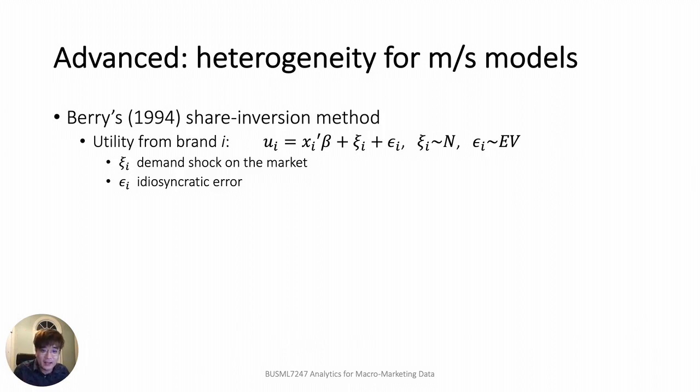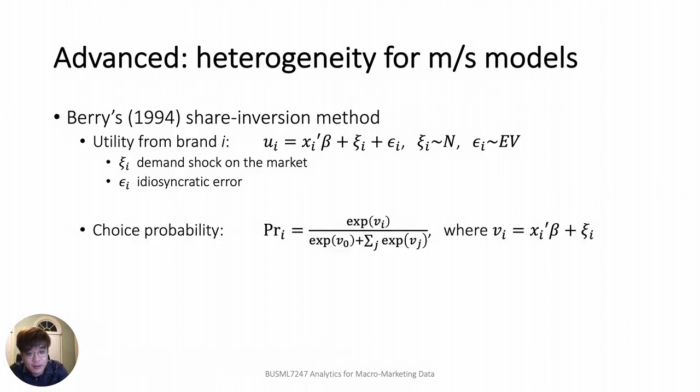Psi i denotes the demand shock, and epsilon i is the idiosyncratic error for the brand. Then, assuming a logit specification, the consumer's choice probability for brand i is given by this formula, which is a function of V i. V i is the utility excluding the idiosyncratic error.